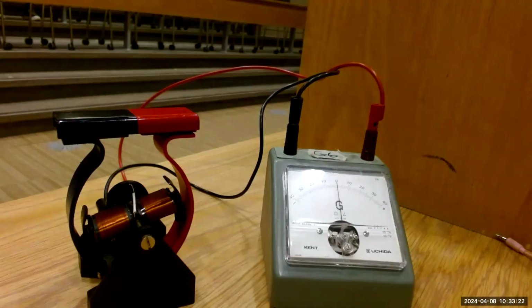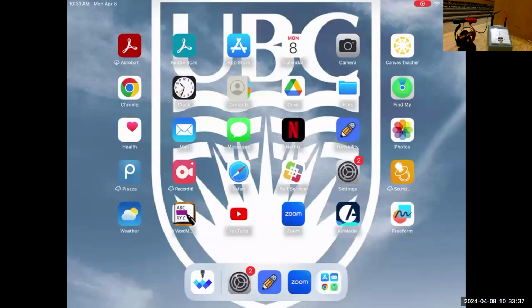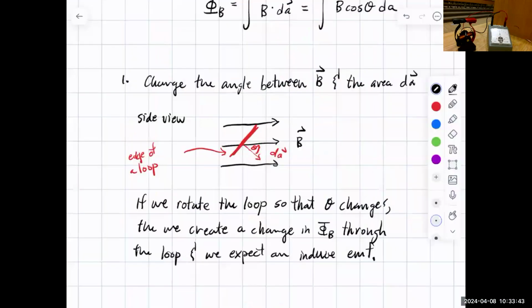Okay, good. So what I'm going to try to do is go back to the tablet here. Okay, and what I think I need to do is to get rid of this. Okay, what am I doing here?